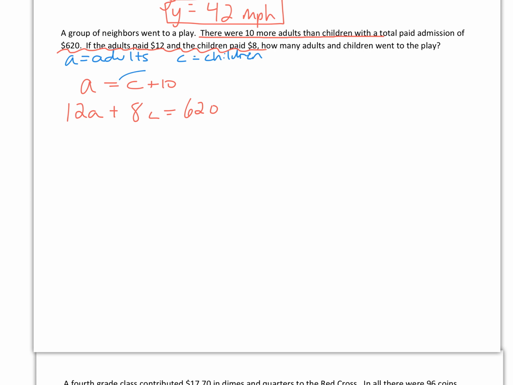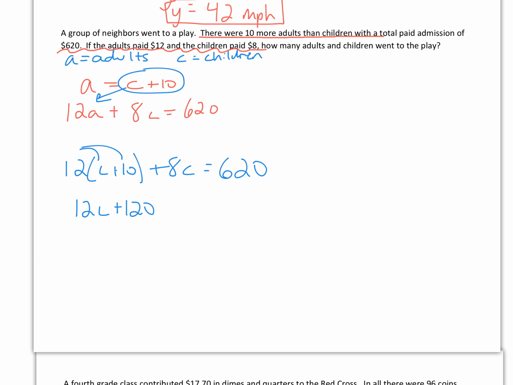This one's setting up nicely for substitution again. Substitute that in for A. 12 times C plus 10, plus 8 times C equals 620. Let's distribute. Combine the C's.